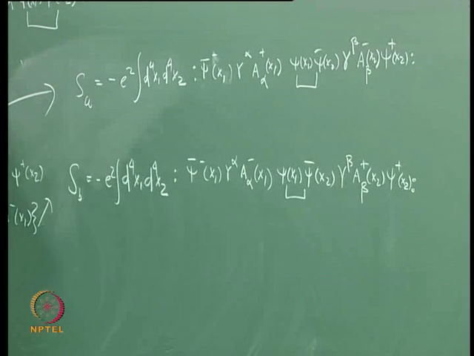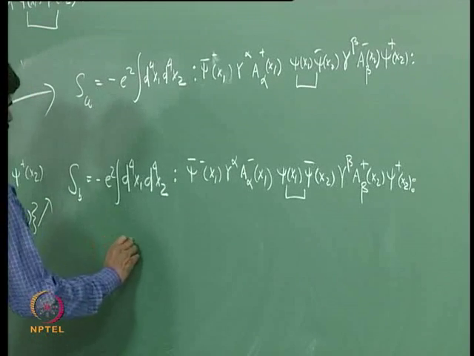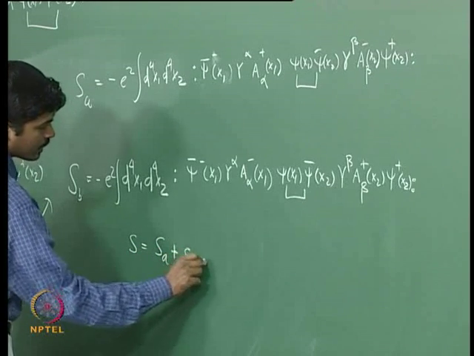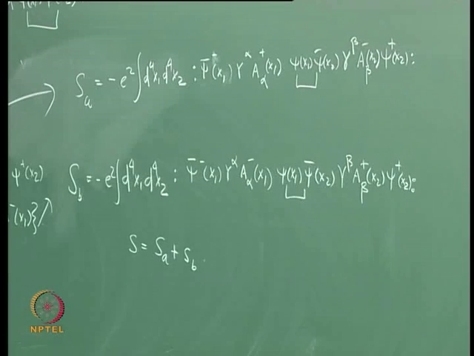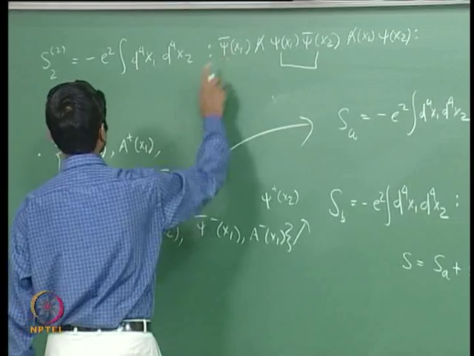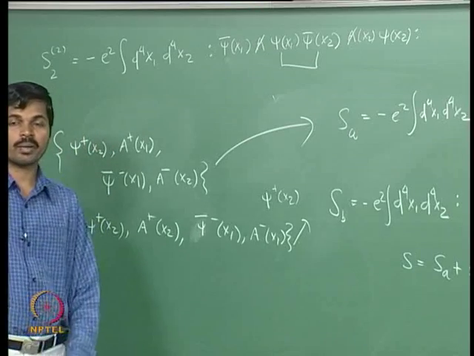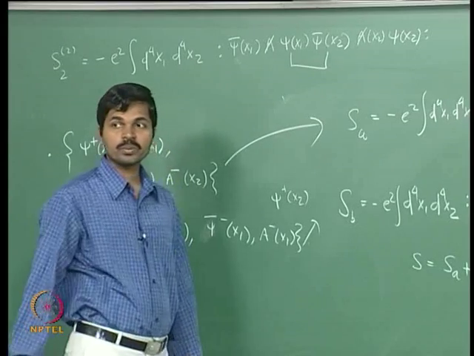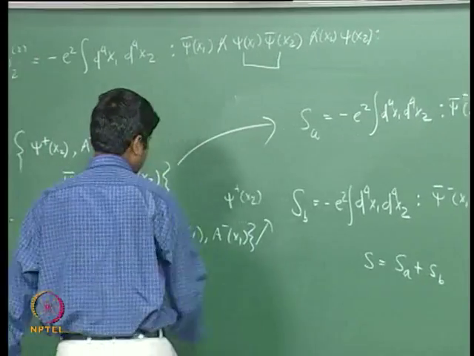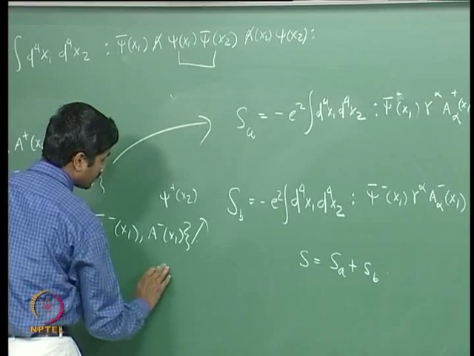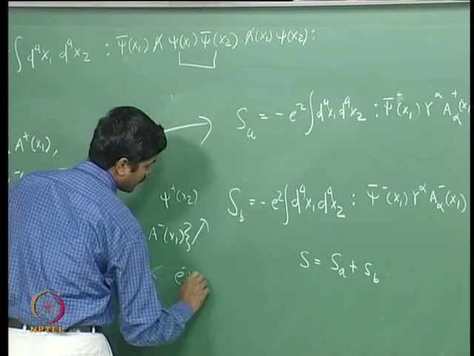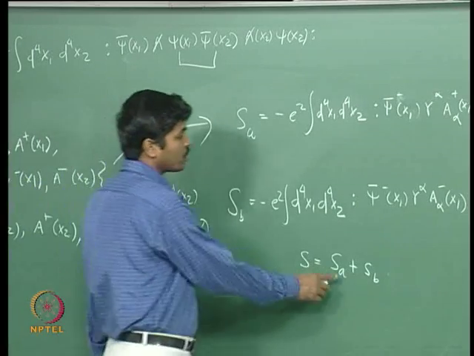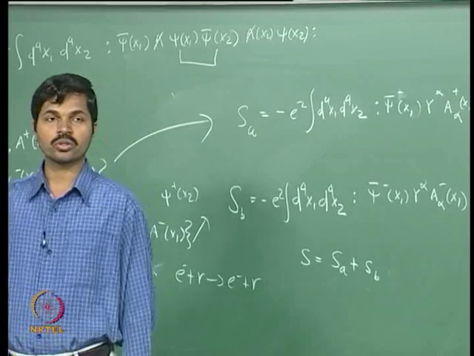The amplitude for this process will be S equal to the sum of these two terms, SA plus SB. In other words, if you write psi bar equal to psi bar plus plus psi bar minus and so on, this term will give many terms. However, if you evaluate the matrix element for this process, e minus plus gamma going to e minus plus gamma, then these are the only two terms which will give non-zero contributions.